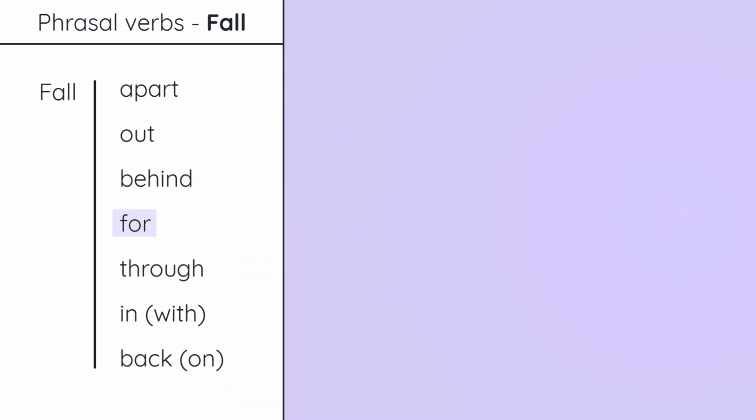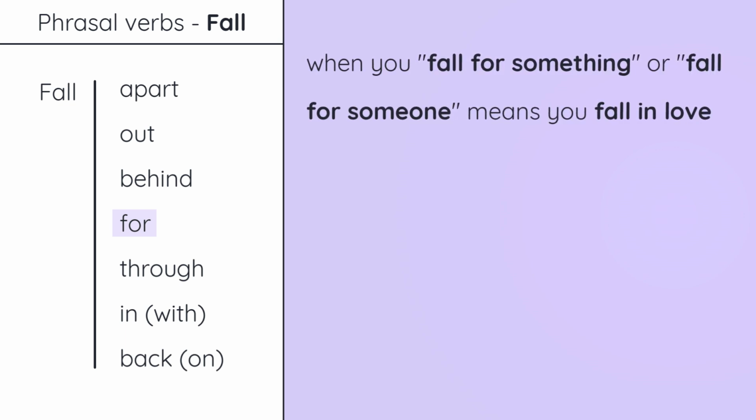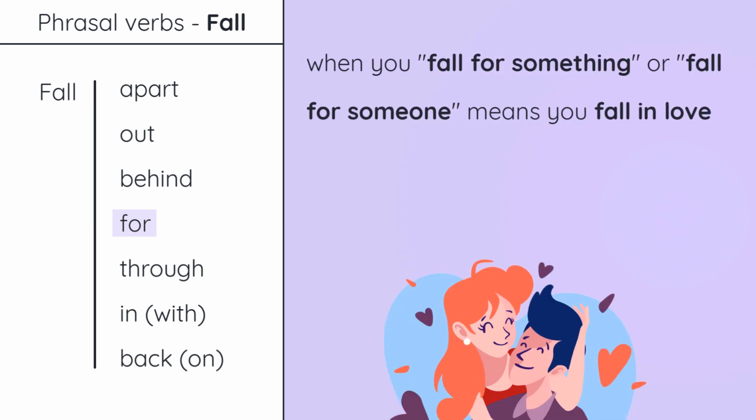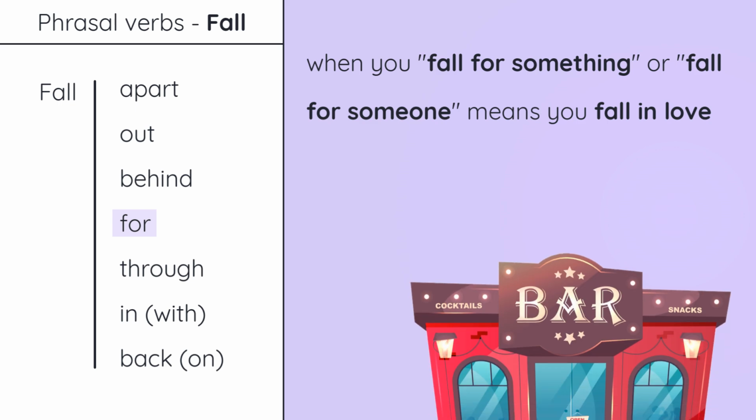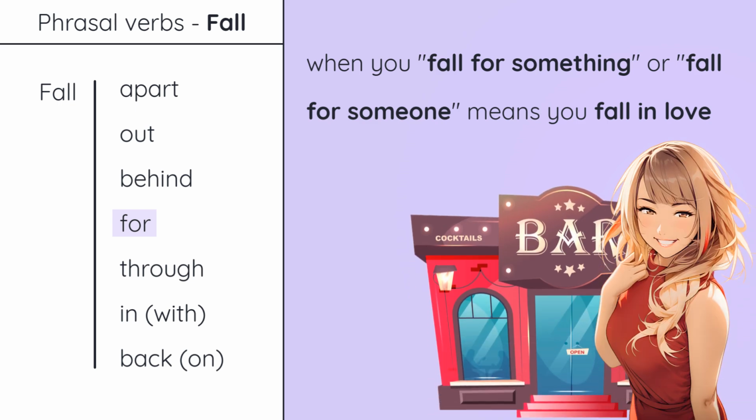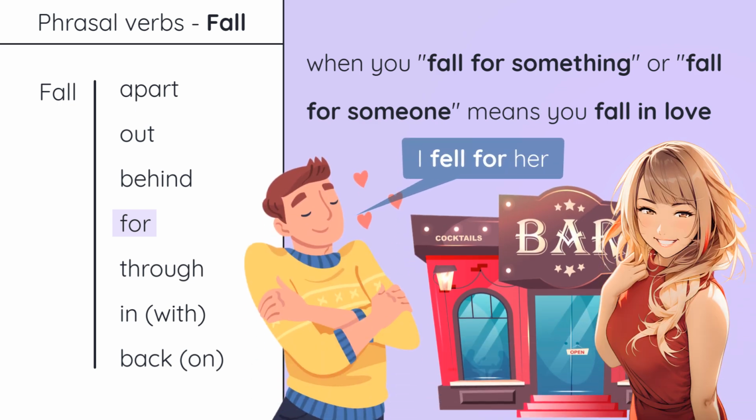Fall for. A couple of interesting meanings. One, when you fall for something or fall for someone, means you basically fall in love. Okay, I went to the bar, I met this girl, I just fell for her right then and there. I fell in love. I lost control. I wanted this person.